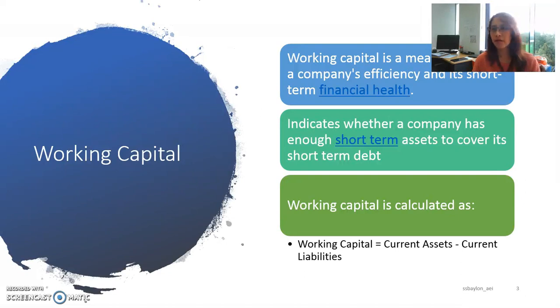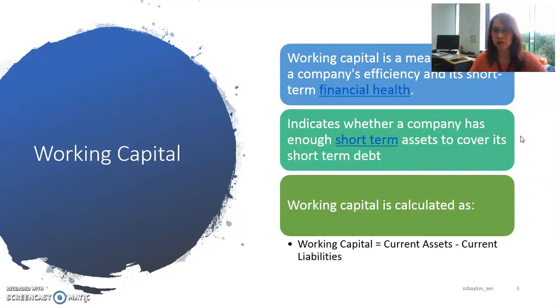Since CLO4 talks about working capital, we first have to know what working capital is. Working capital is a measure of both a company's efficiency and its short-term financial health. When we talk about financial health, we just need to know whether the company is able to make use of its assets, maximize its assets, and at the same time look whether their financial liabilities or long-term liabilities are being met.